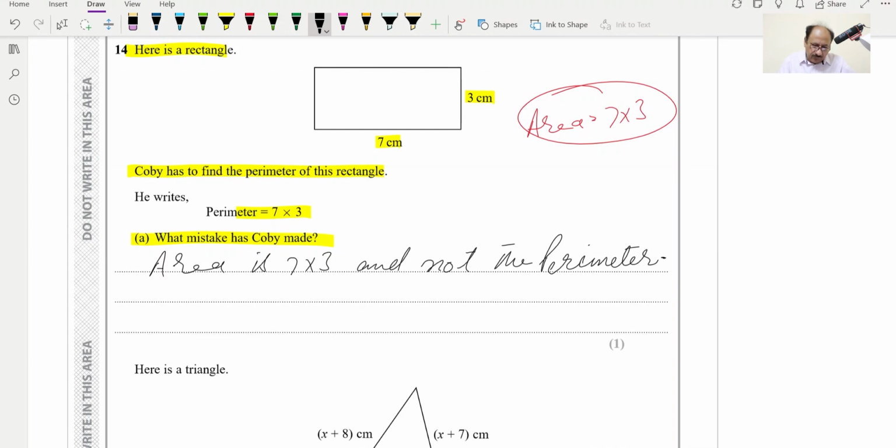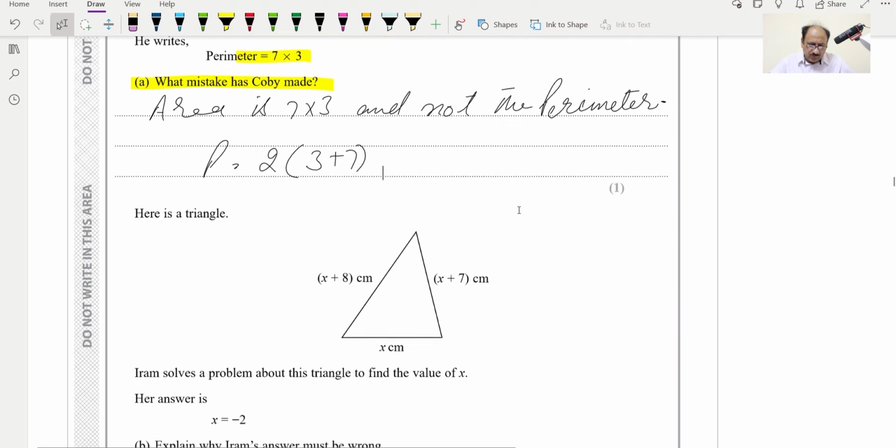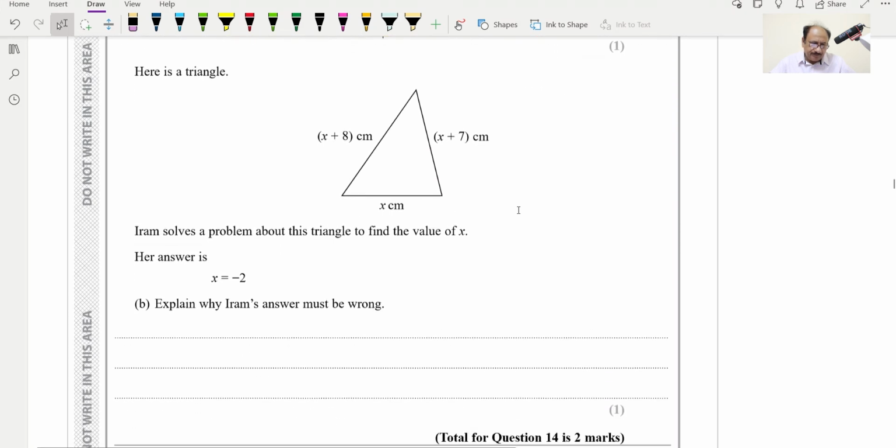And we can even provide what the perimeter is equal to. Perimeter is equal to 2 times (3 plus 7). One side plus second side, multiplied by 2, and this will be the perimeter. We can even calculate it, which is not required basically. Just providing this is okay. It comes to 20, but no need to provide it.